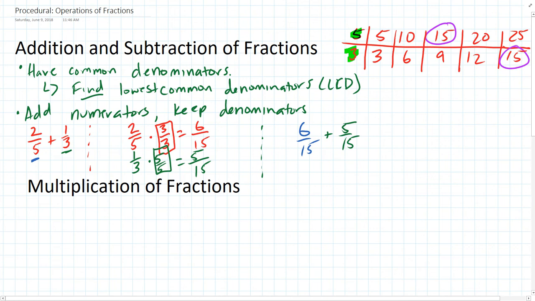It's now 5/15. Okay, and now we add the numerators. That's our next step. 6 plus 5 is 11, and then we keep the denominators the same. So essentially 2/5 plus 1/3 is equal to 11/15.